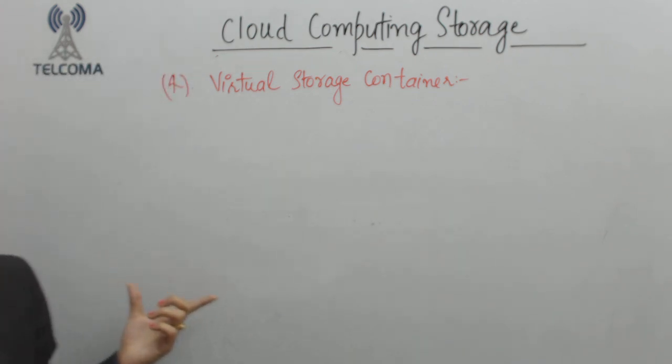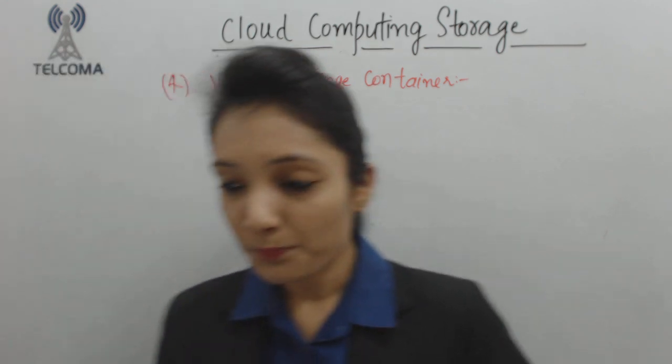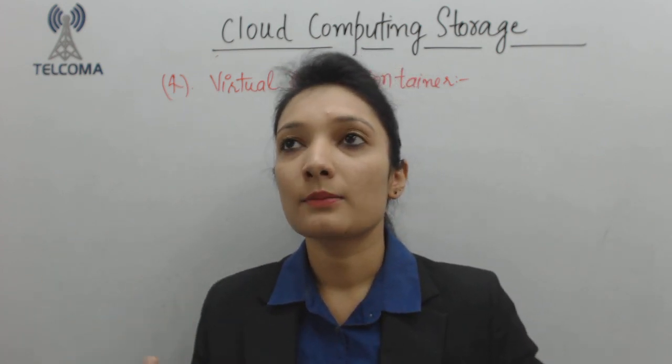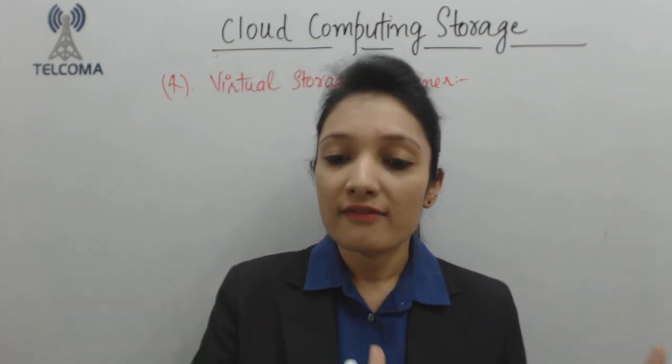So simply using a storage container, a storage administrator can carve out or separate out a certain amount of storage. For example, in a particular organization, some storage device for the HR department and one for the finance department.